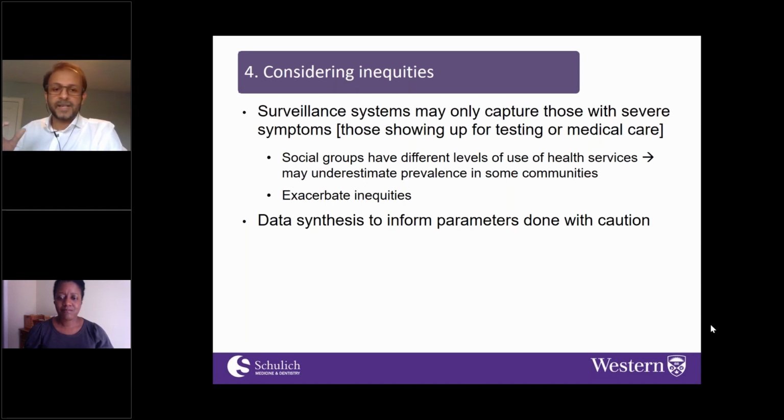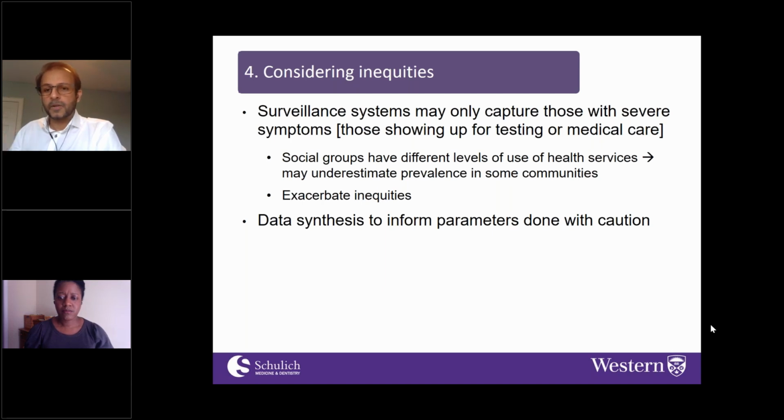The next one is data synthesis. Again, a number of studies, particularly early on during the pandemic, when infectious disease modelers and policymakers were talking about using evidence from other epidemics in the past to see how effective lockdown may be and other policies that were on the table.